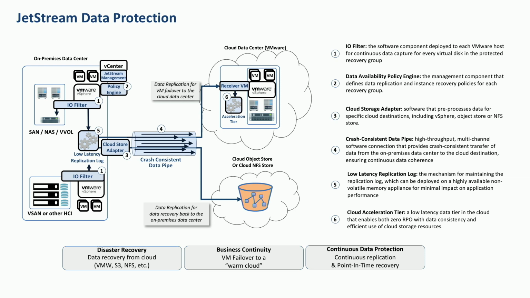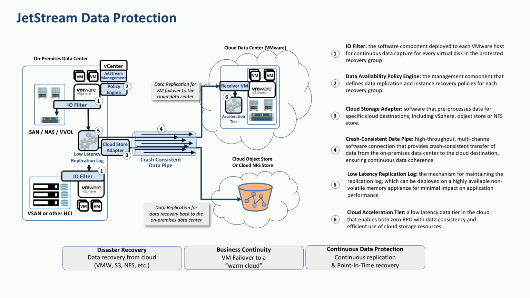And the idea is that with the same infrastructure here in the on-premises environment, we can provide data protection capabilities that would range from a full failover location for DR, a full failover location for business continuity, a data recovery destination, which could be an object store or an NFS store, or it could be a VMware environment, and a continuous data protection capability with point-in-time recovery.